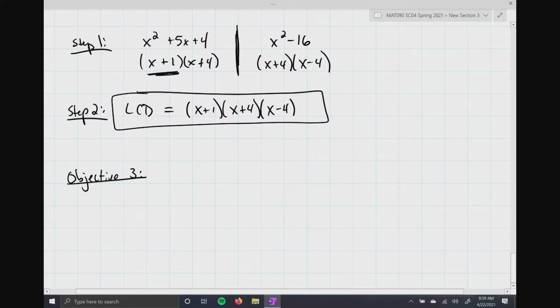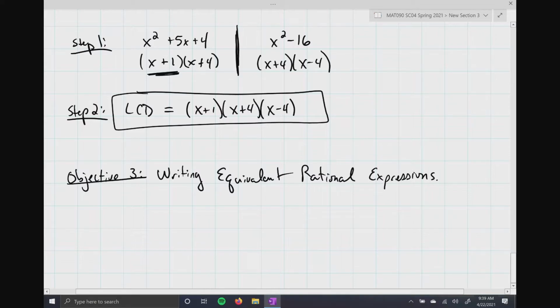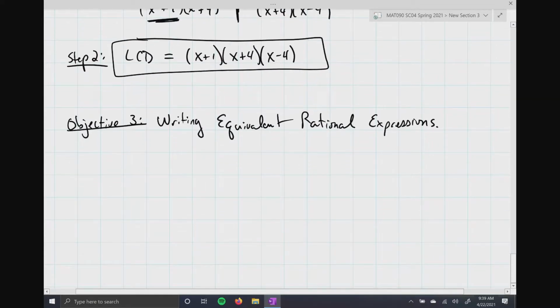So now let's move over into objective 3. Objective 3 is writing equivalent rational expressions. All right? And I'm going to start off really easy. Here's what I want to do.